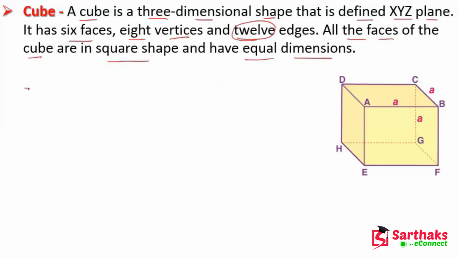Now, in this cube the total faces are 6. Here you can see ABFE, ADEH, CBDF, and DCFH, and similarly GHFE.